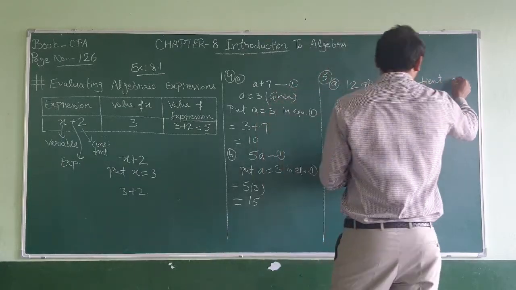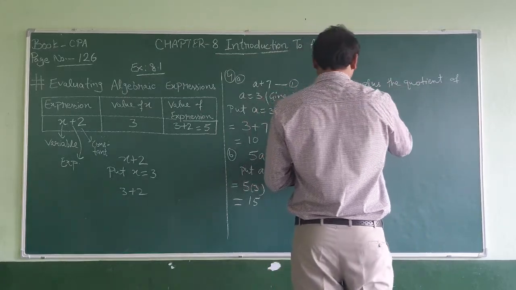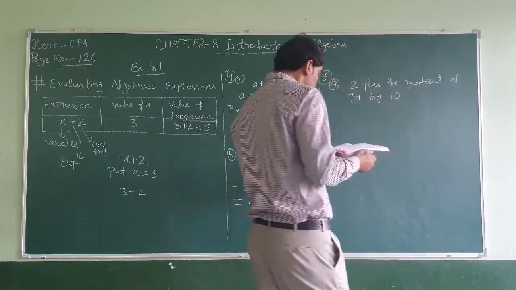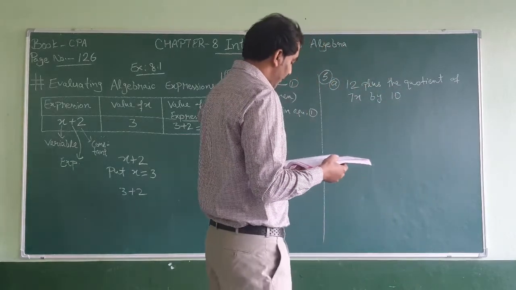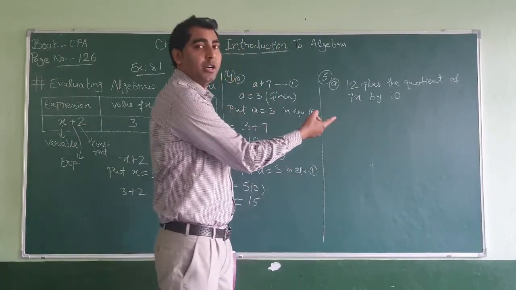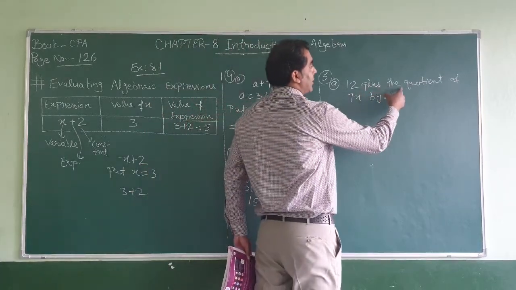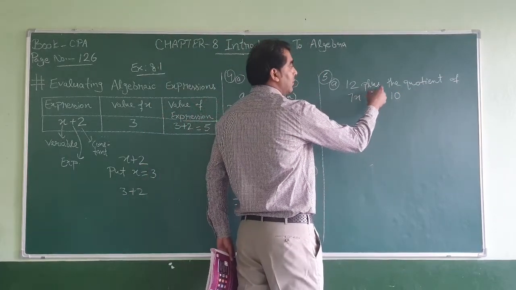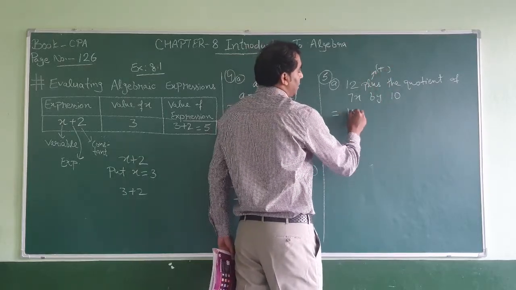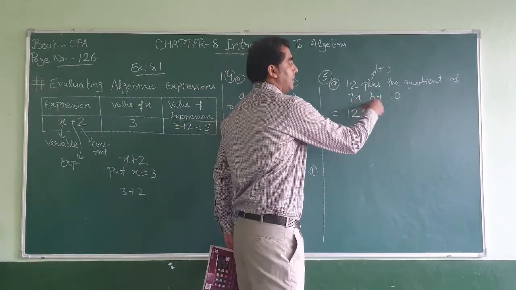Okay, 7x by 10. So this is a statement we will convert into an algebraic expression. I have told you yesterday, 12 plus the quotient. 12 plus means adding. So firstly we will write 12 plus the quotient of 7x by 10.